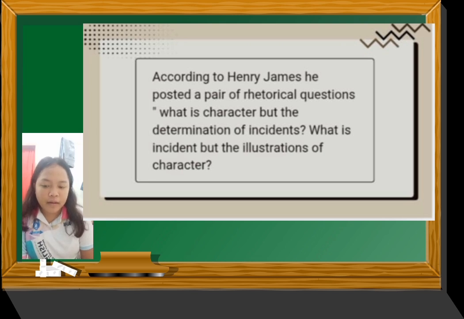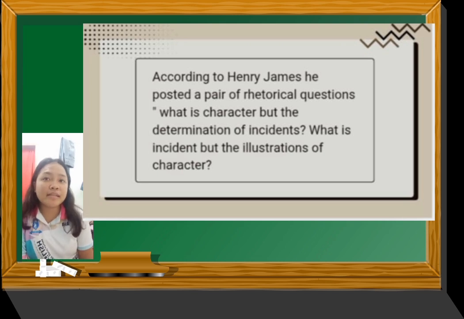So in the incident illustrating character, the moment that you speak up even nervously and raise that kind of situation, even if you're nervous, shows your values, honesty, responsibility, and a quiet courage.